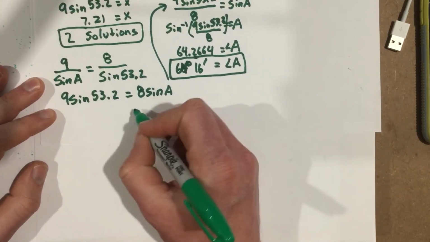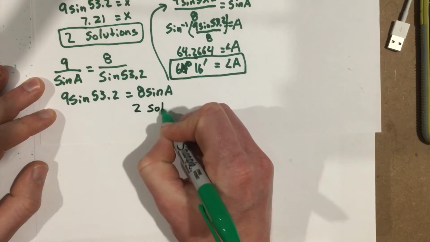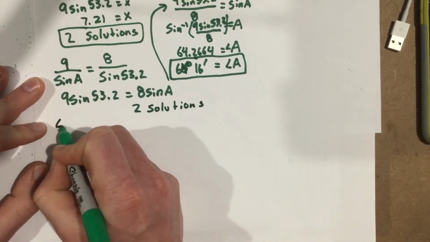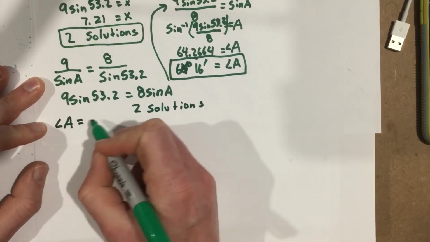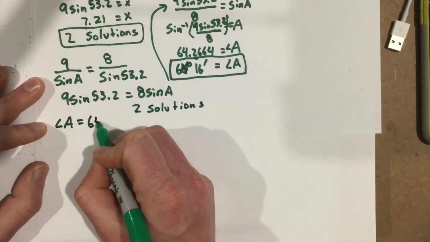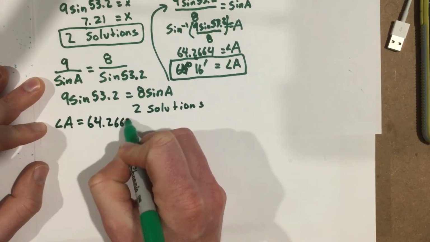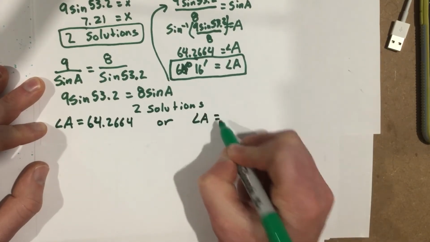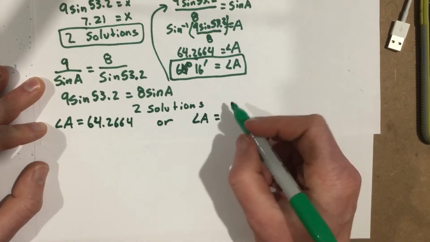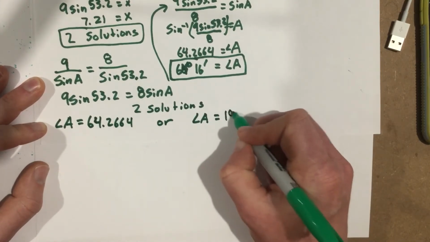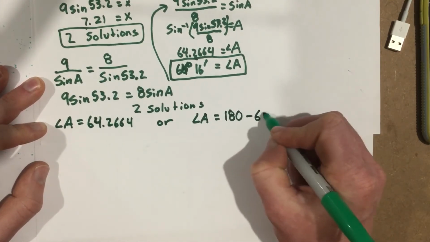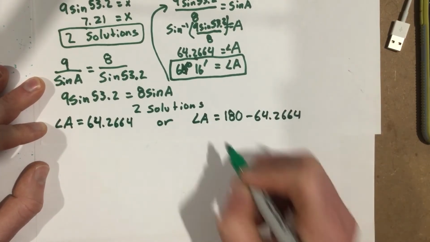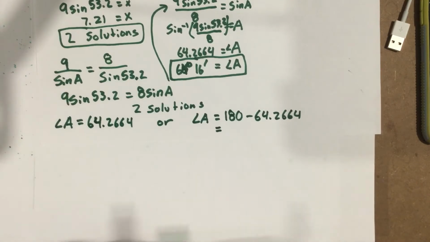We'll write them here. Angle A is 64.2664, or angle A is going to be the opposite of this, which would be 180 minus 64.2664, which is 180 minus that number.